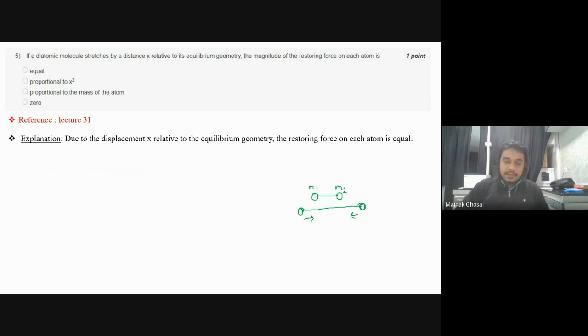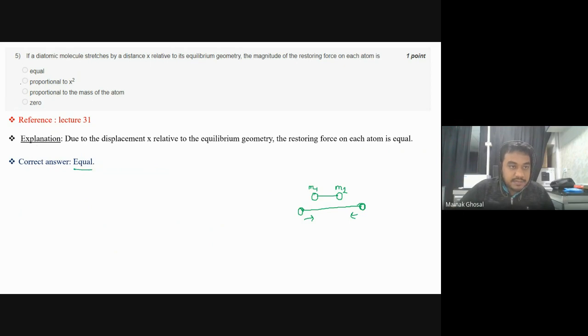What I have said is that if you have a diatomic molecule of suppose two masses m1 and m2, and if you stretch it and then leave it, it is going to come back. So the restoring force will be equal for both the atoms because only symmetric stretch is possible for the diatomic molecule. So the answer should be equal.